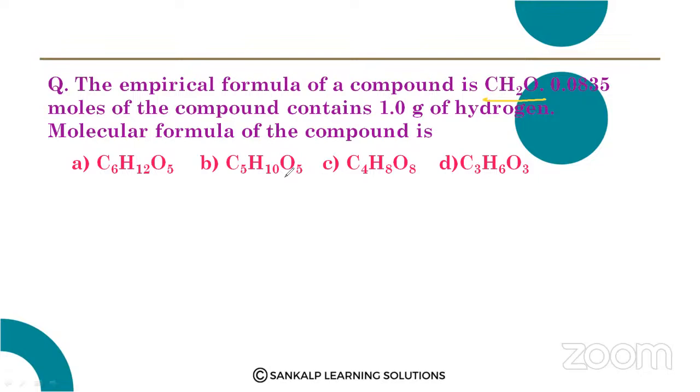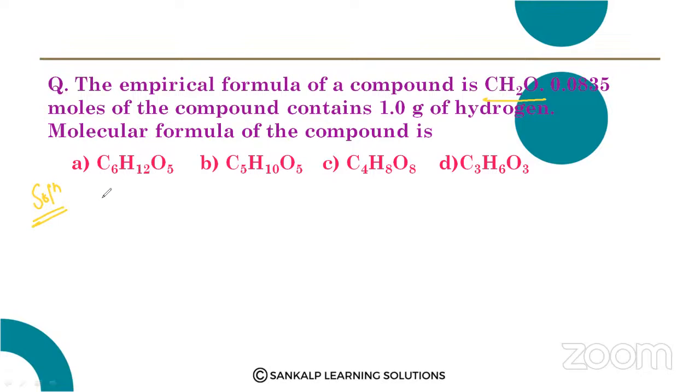So how to solve this particular one? They have given the empirical formula of a compound, and they have said that 0.0835 moles of the compound contains 1 gram of hydrogen.